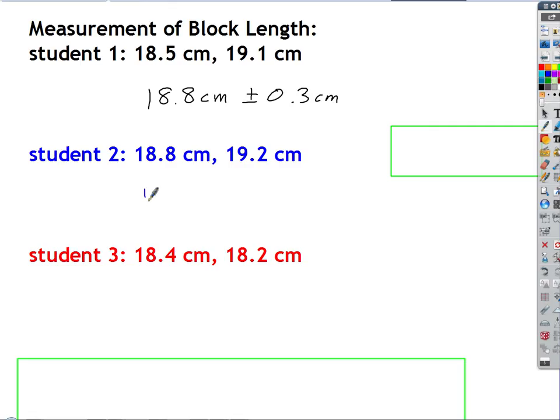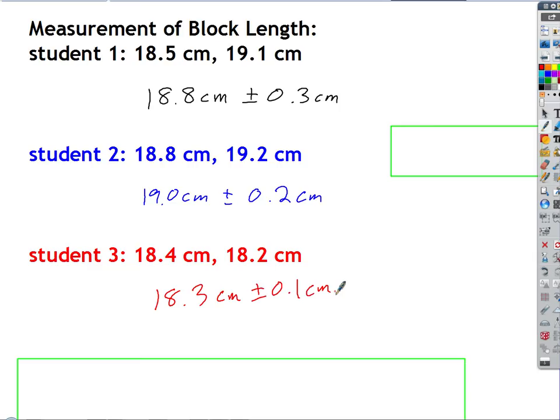So we're going to give 19.0 centimeters plus or minus 0.2 centimeters. And for student number 3, the average would be 18.3. Okay. And then we're going to average these 2. So 18.3 centimeters plus or minus 0.1 centimeter.